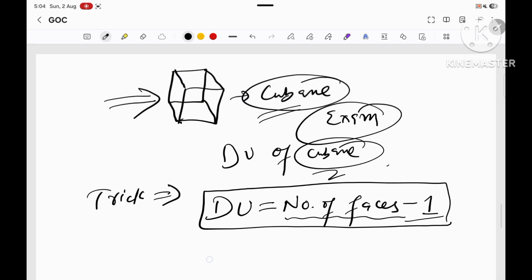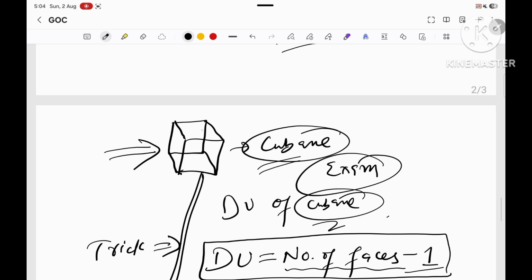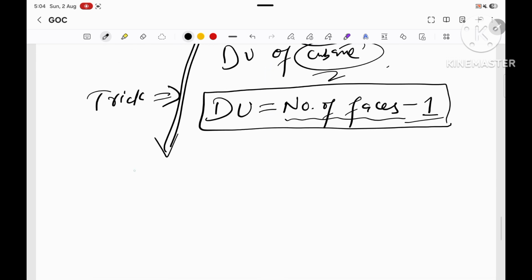So what will be the DU of this cubane? It has 1, 2, 3, 4, 5, 6 faces. DU of cubane is equal to 6 minus 1, which is equal to 5.